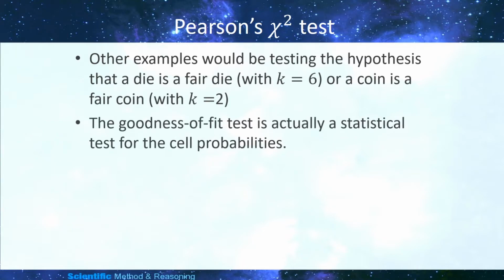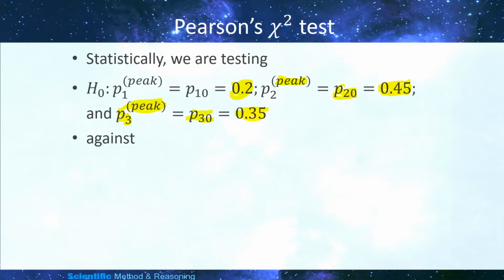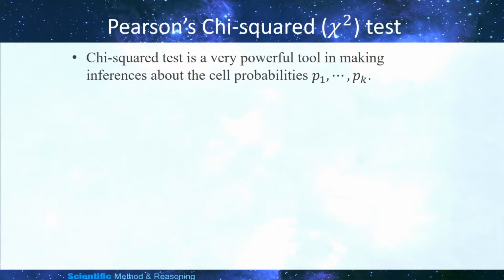The goodness of fit test is actually a statistical test for the cell probabilities, as what we have here, testing for the 3 cell probabilities. And the Pearson chi-square test is actually a very powerful tool in making inferences about the cell probabilities, P1 up to Pk.